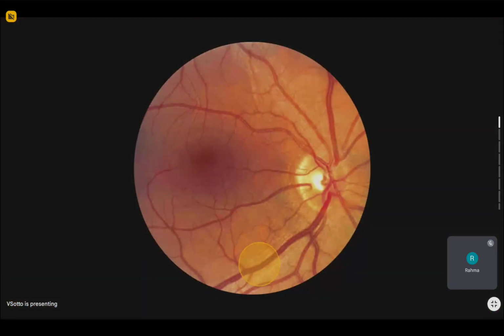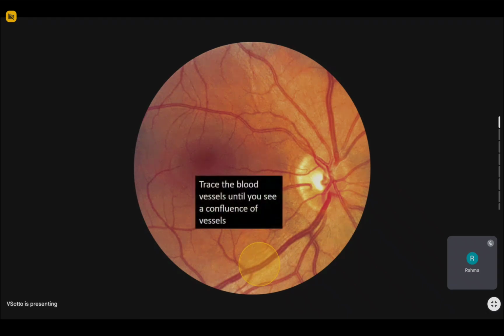So you have to follow the vessels, as I've said earlier, to check for any abnormalities. It really takes patience to follow any presence of abnormality, since you'll be starting from inferior, then going to superior, and checking for the nerve, then lastly for your fovea at the center of the macula.